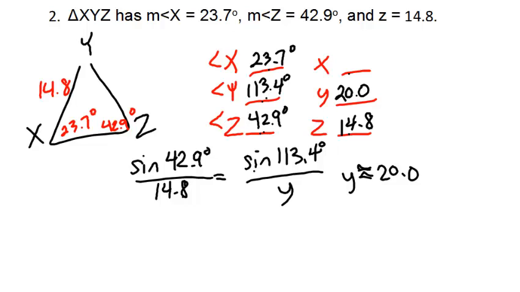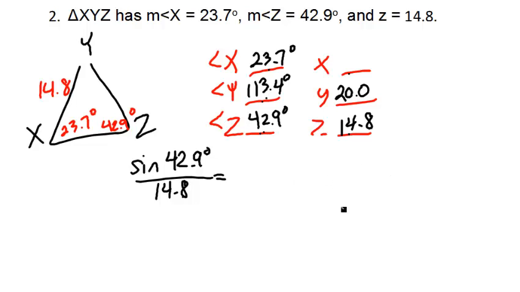I'm going to keep this sine of 42.9 over 14.8 because that's still true. I'm just going to erase this second part of it. Now I'm going to say that corresponds with sine of 23.7 over side x. If you cross multiply this time, you should get about 8.7.